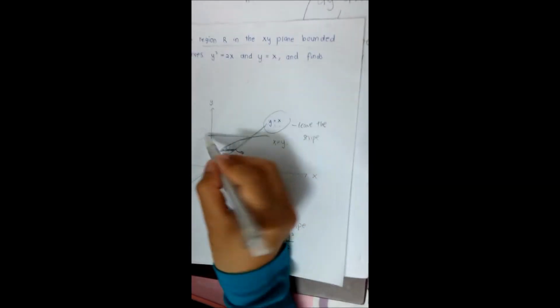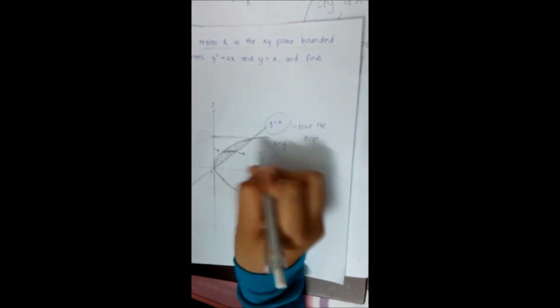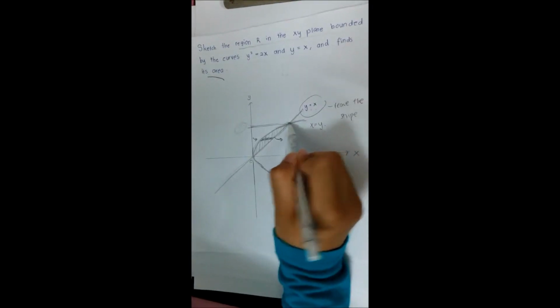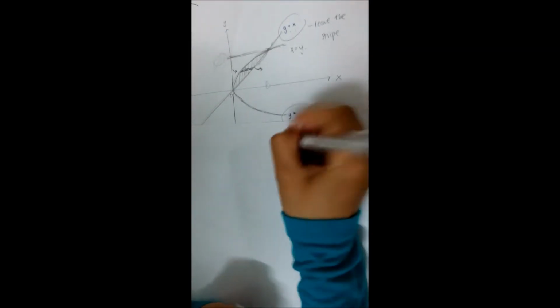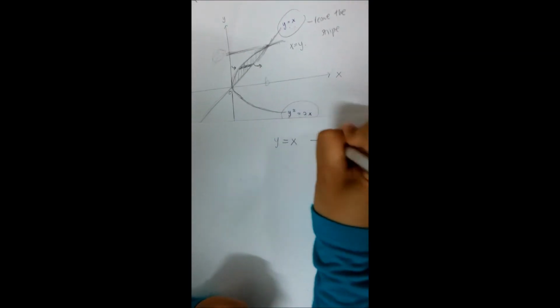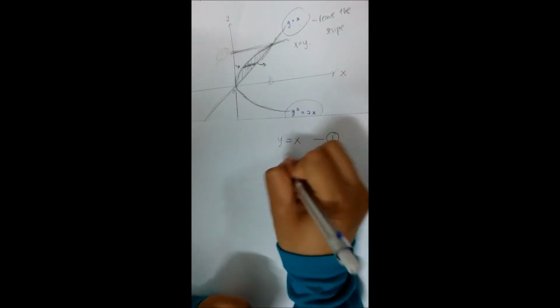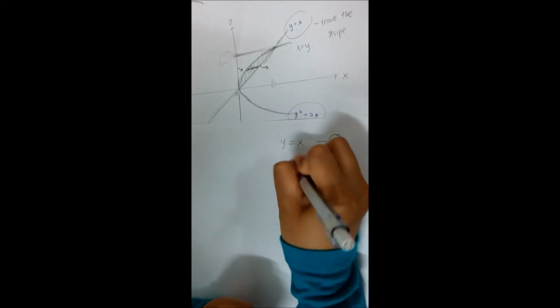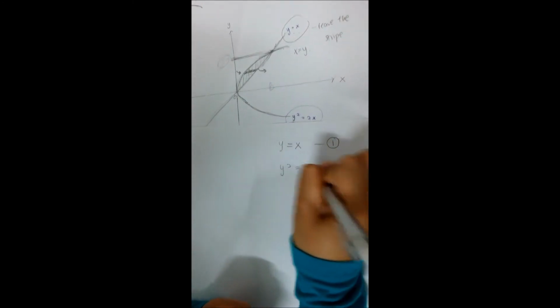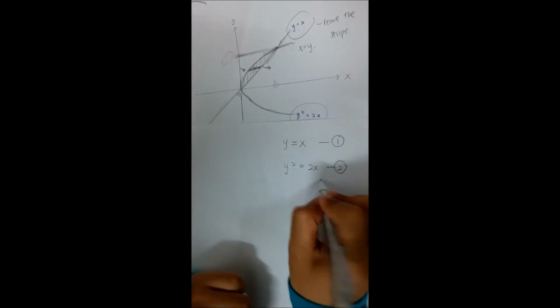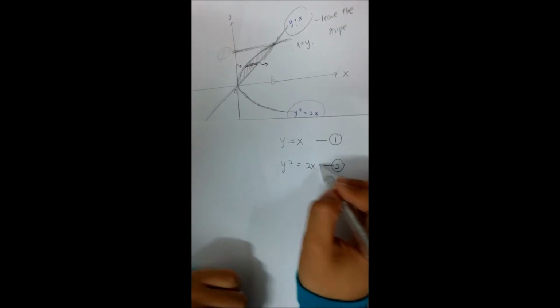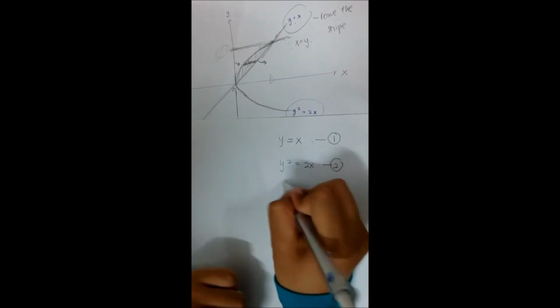So how do we find the point of intersection of both? First, y equals x is the first equation, while the second equation is y squared equals 2x. We substitute the x, so x will be like this.